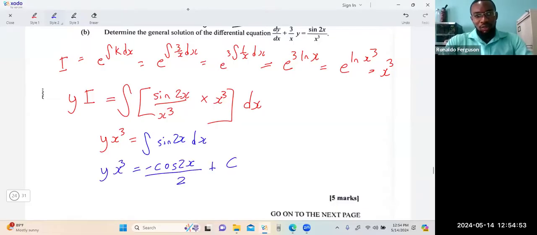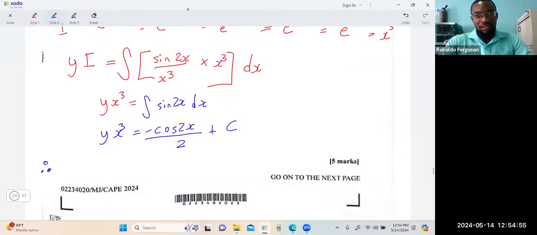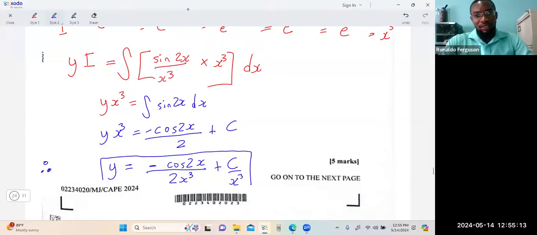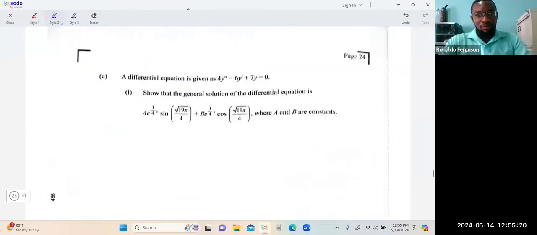Then you divide through by x cubed. So your final answer is y equals minus cos 2x over 2x cubed plus c over x cubed. This is your answer. That's very easy for 5 marks, no problem.